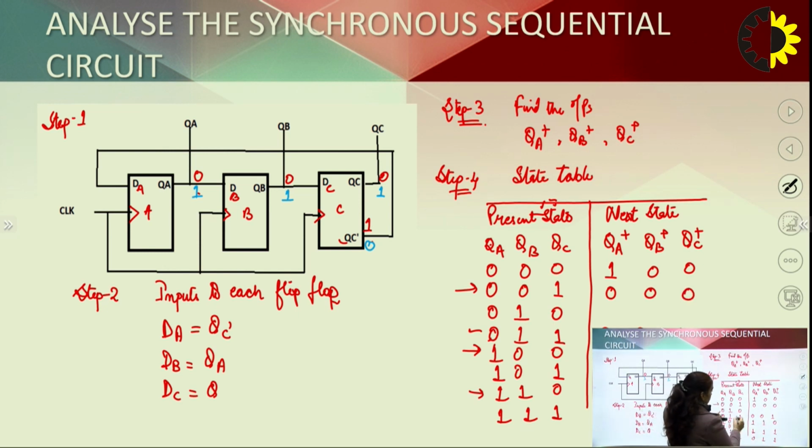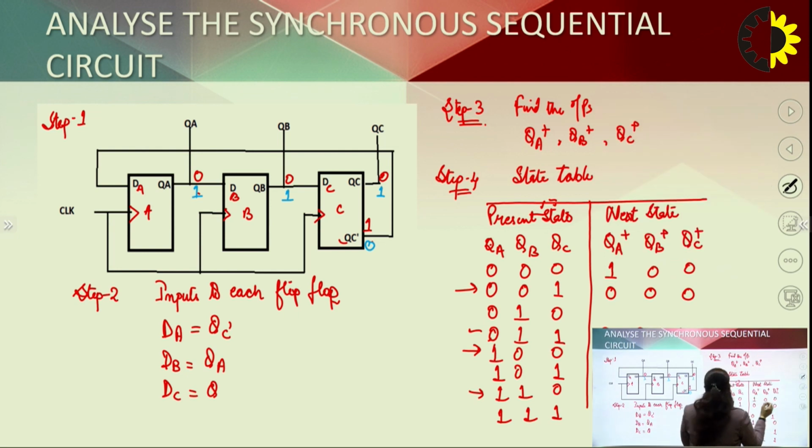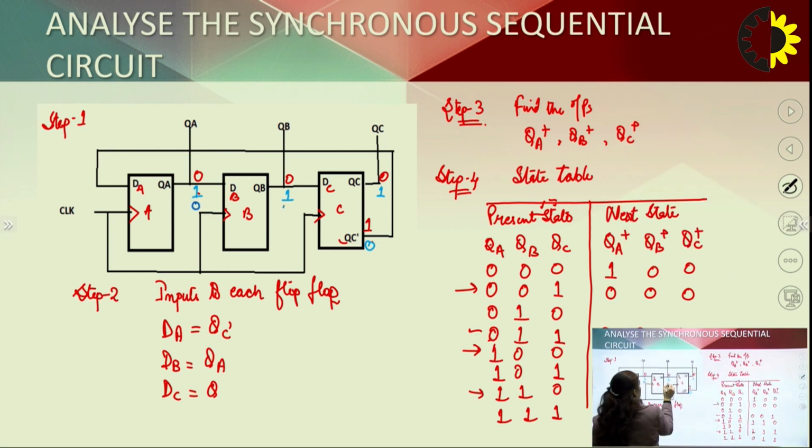And at this stage, if I have this value 0 1 0, here I am going to have 1. This one will be fed back here.